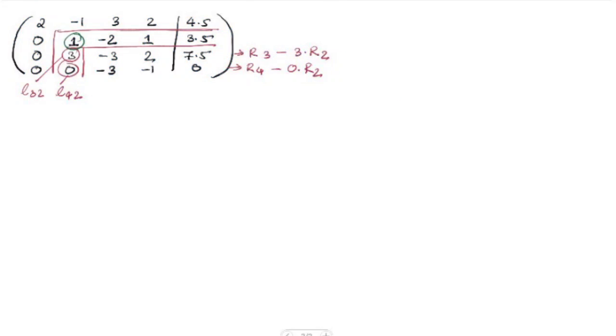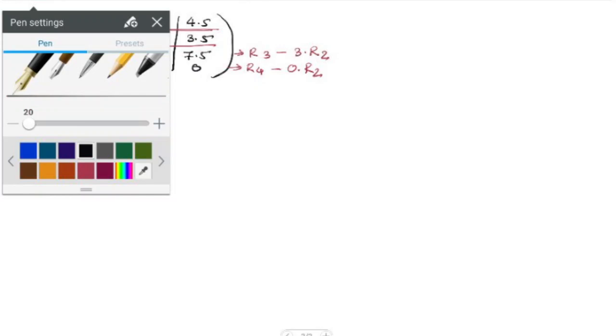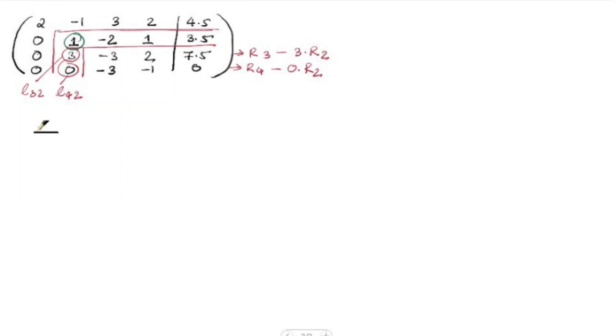Okay, so let's carry out the row operations now. So first let me write down the fixed elements: 3, 2, 4.5, and here the fixed elements are 1, minus 2, 1, and 3.5.